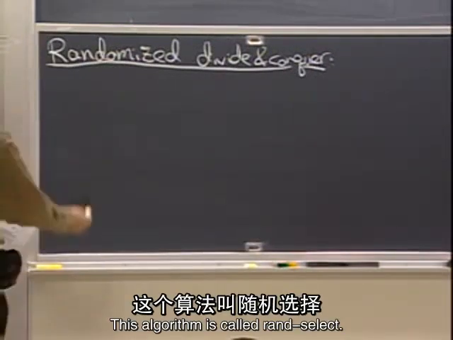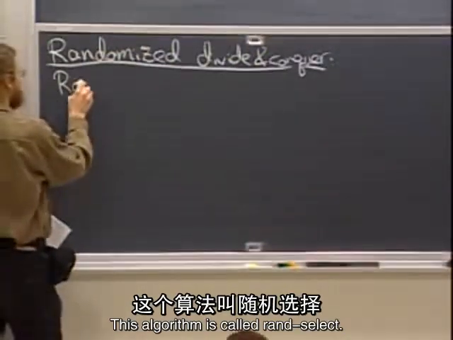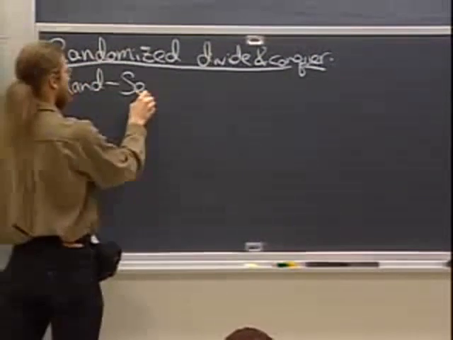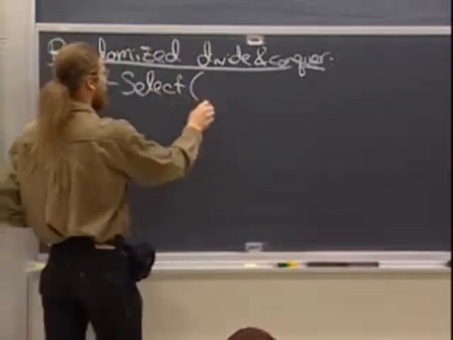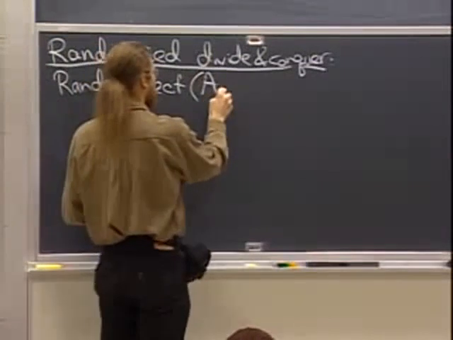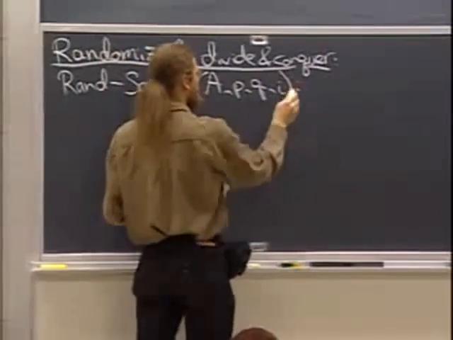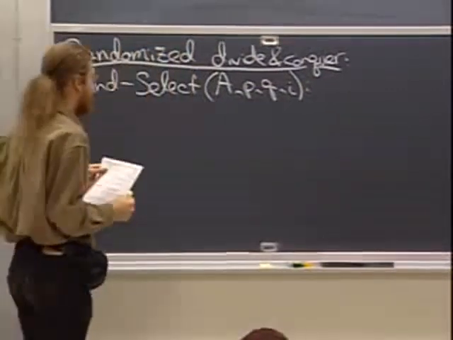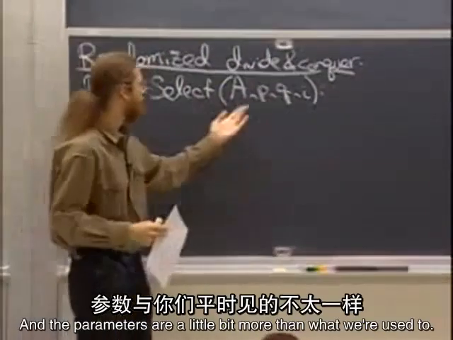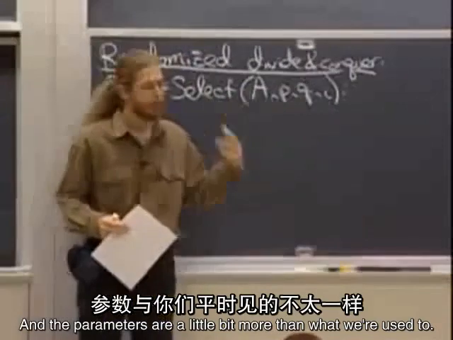This algorithm is called random select. The parameters here are a little bit more than what we're used to.